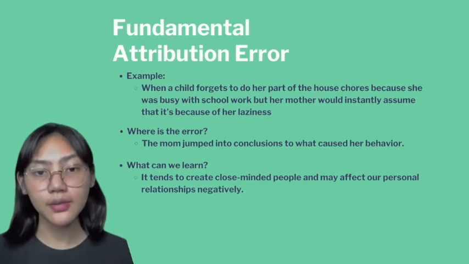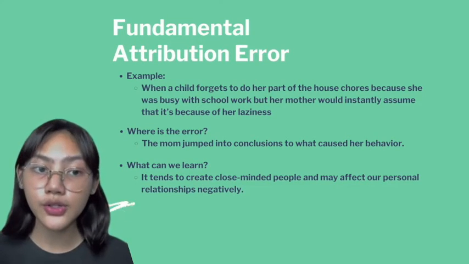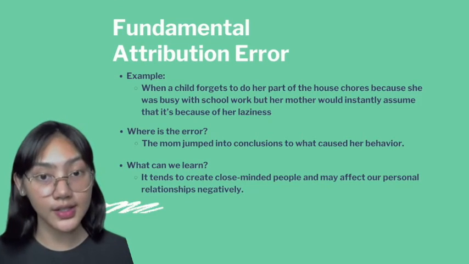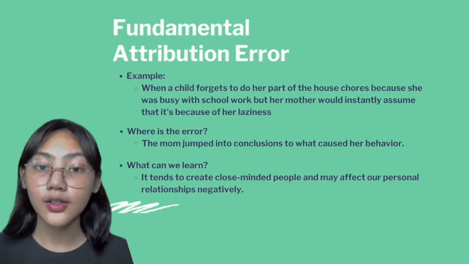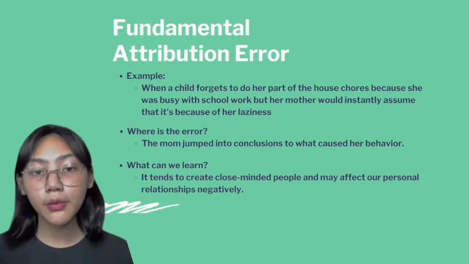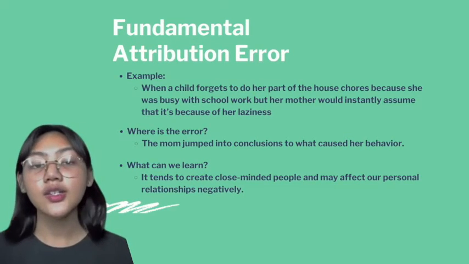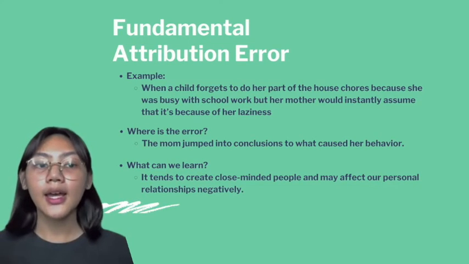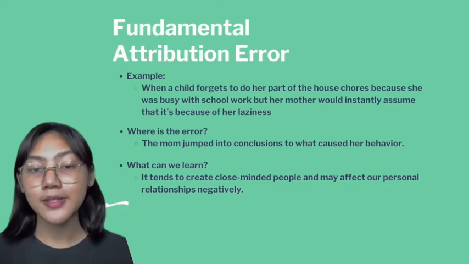This is an error because the mother suddenly jumped to the conclusion that her child's behavior is caused by her personality trait, which is laziness, without considering other situational factors. Furthermore, this type of error changes our perspective on people. It tends to create close-minded people and may affect our personal relationships negatively.